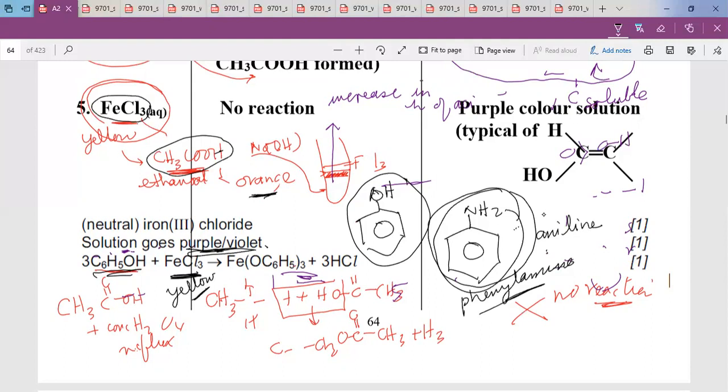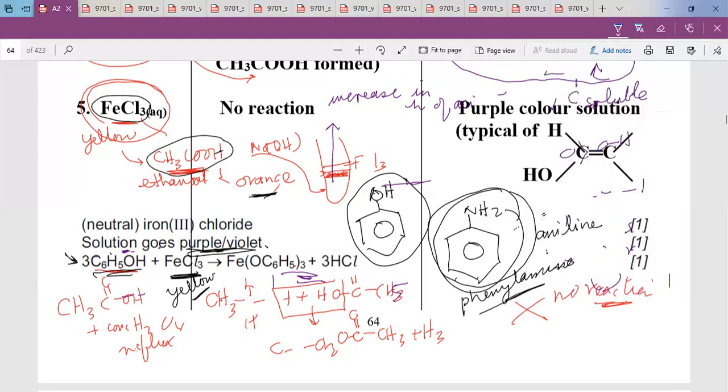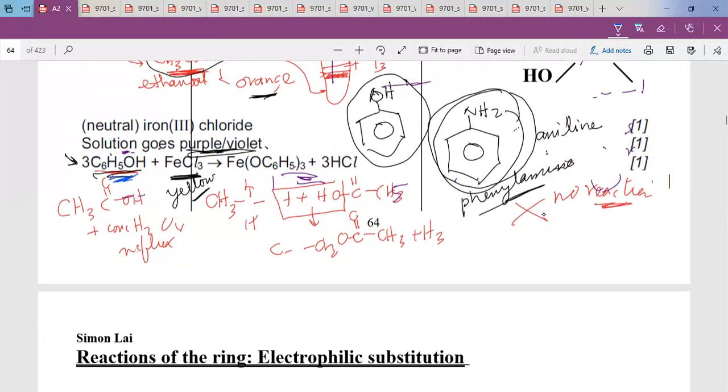Now here I want to bring out this equation. I'll put it in red, so it's blue color. Look at it carefully. What is actually formed is this compound.